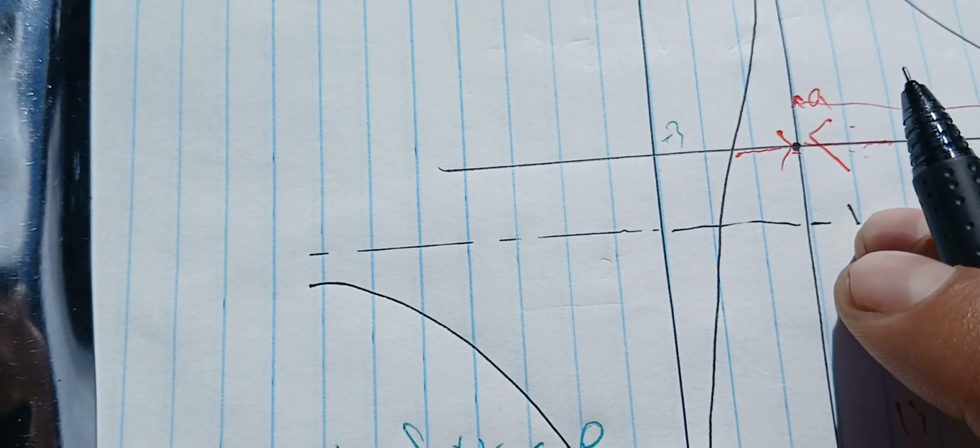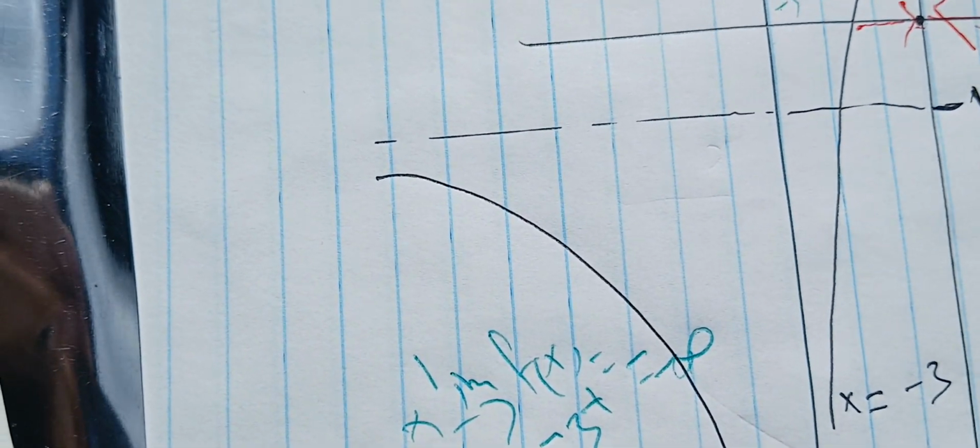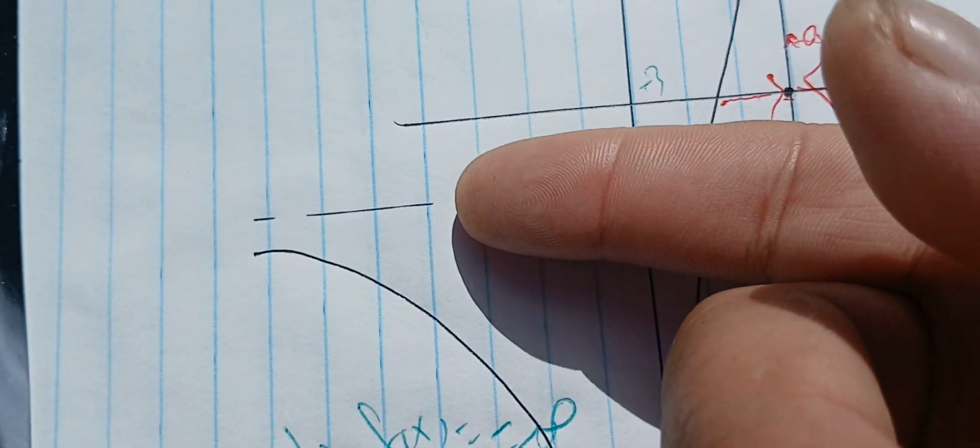There is also this limit of f of x, this one here, as x goes to minus infinity. So we get this value that is denoted, it's -1. So this line is y equals -1. So as we approach from minus infinity, we get to -1.